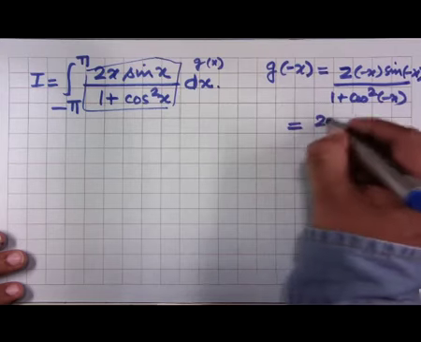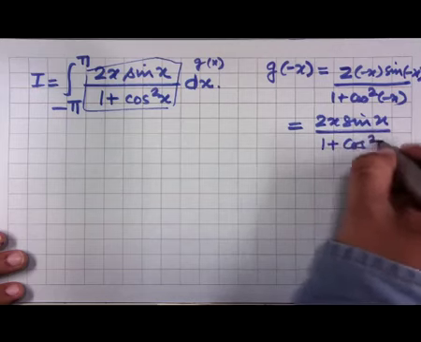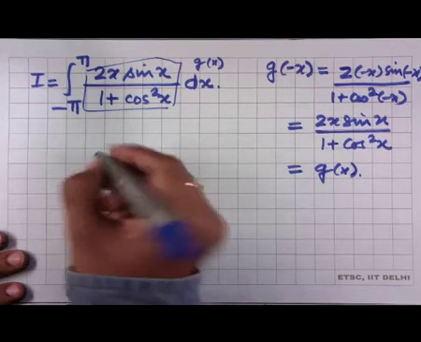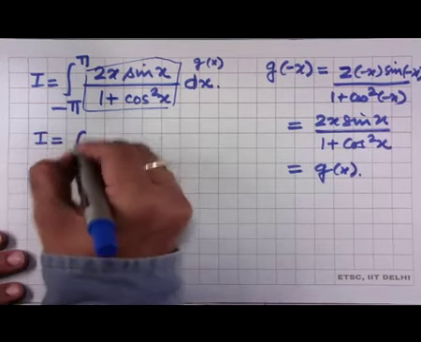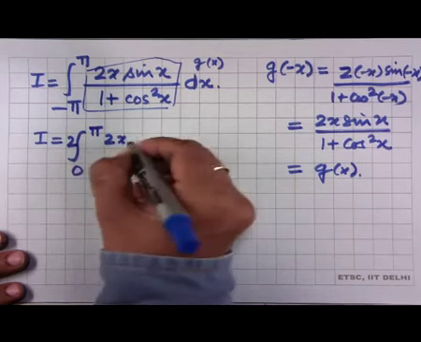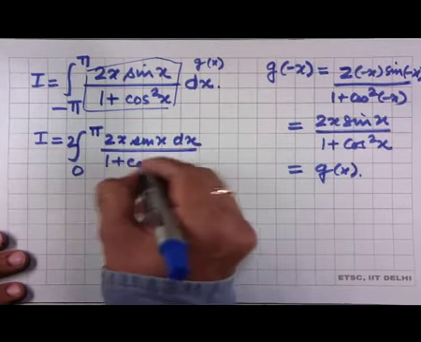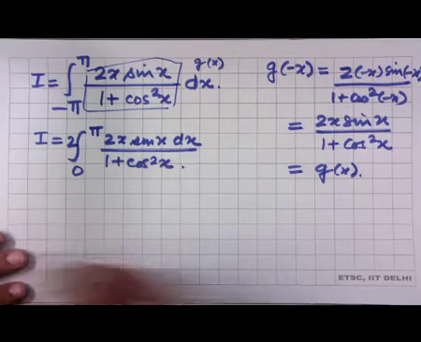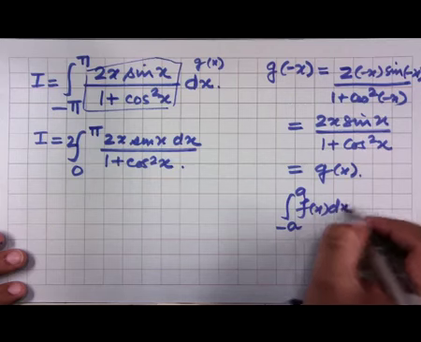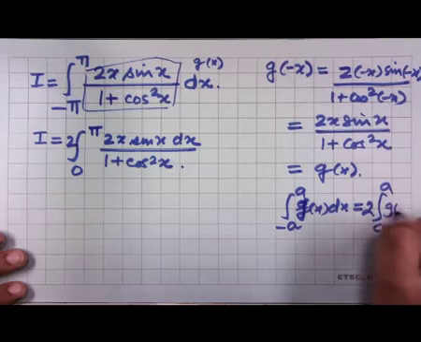So you get 2x sin x by 1 plus cos square x, which is your gx. Therefore I will be equal to twice of 0 to pi 2x sin x dx by 1 plus cos square x. We are using this property that the integral of gx dx can be written as twice of 0 to a gx dx.